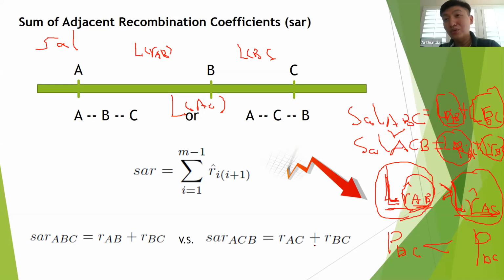You should actually count 2 for those double crossovers, but because you do not see the recombination in your progeny, you underestimate R. So the estimation of RAC is less accurate than the estimation of RAB. If you use a less accurate estimation to calculate the likelihood function, it will give you a non-optimal likelihood. So in this case, the likelihood of R-hat AB should be greater than the likelihood of R-hat AC.